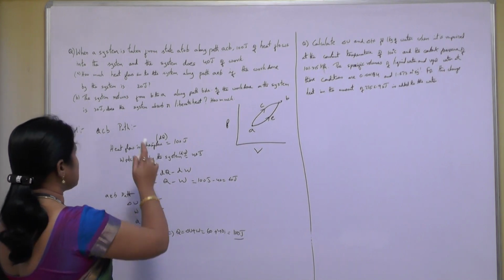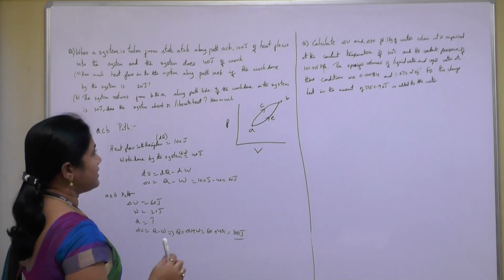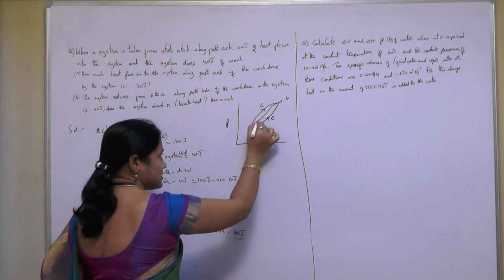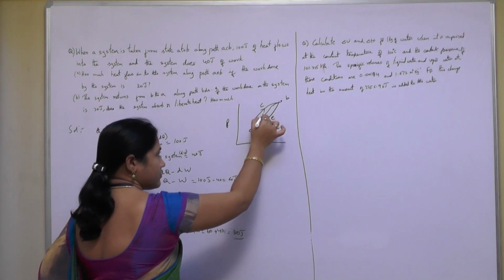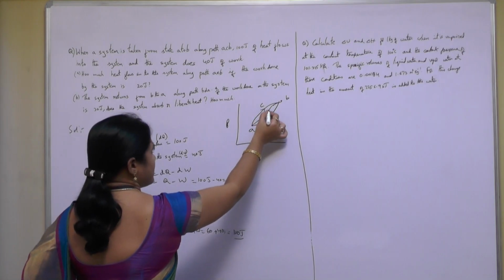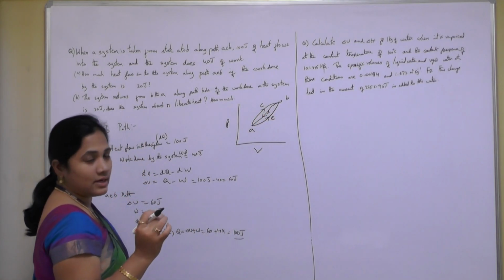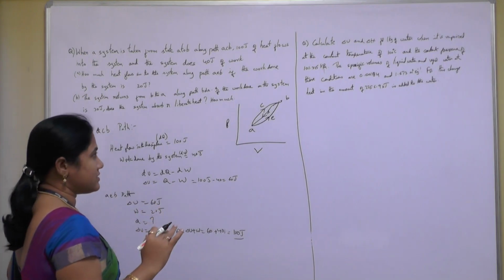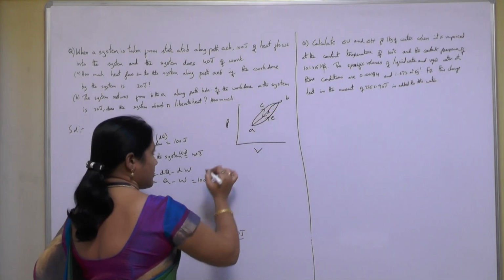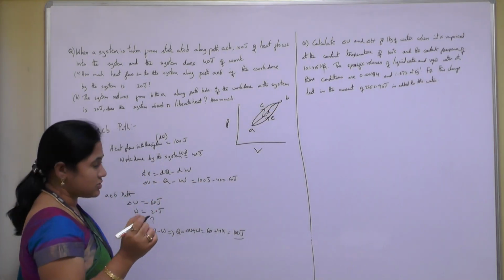Now take the second part, that is, the system returns from B to A. So B to A means the process is reversed, along path D, the BDA path. So the internal energy magnitude is constant, but it has the negative sign. Why? Because the direction is reversed, therefore the internal energy sign also changes.